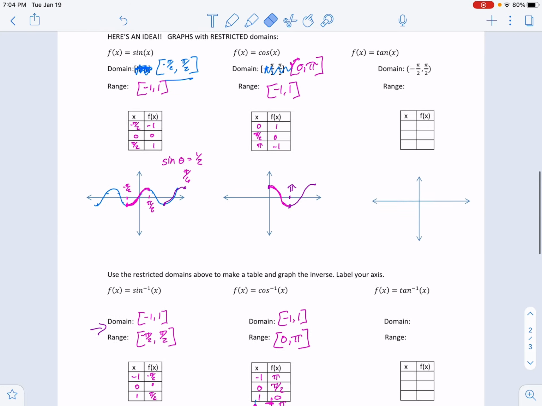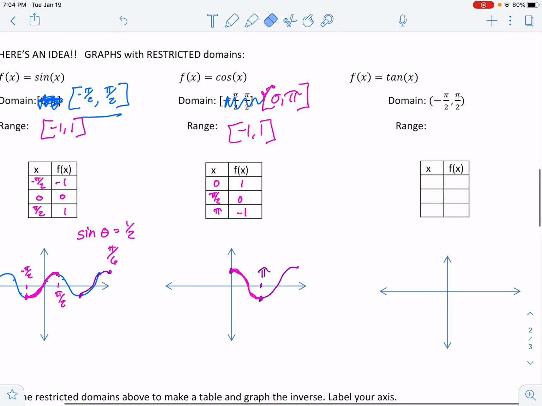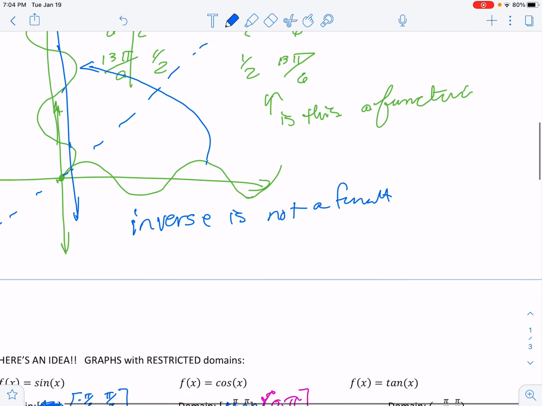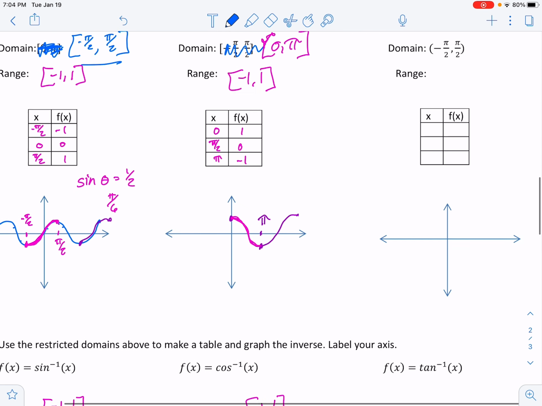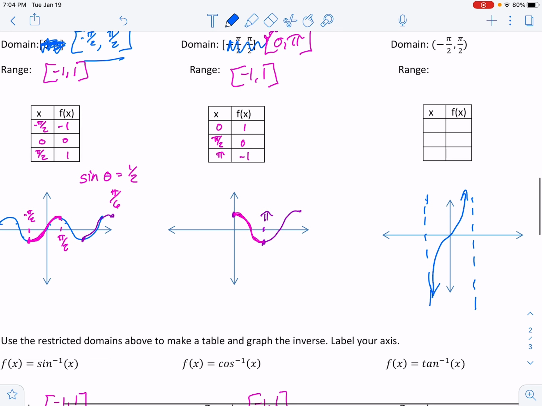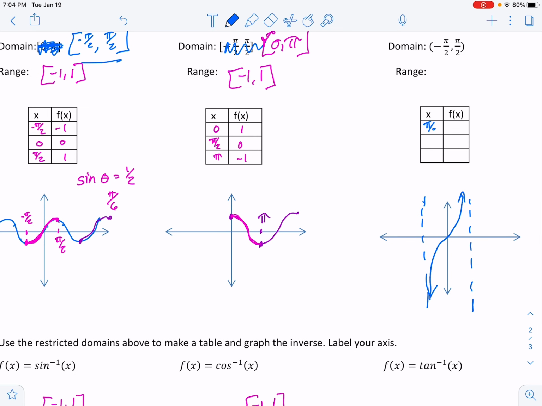Okay? All right. The tangent. Well, the tangent graph is nice because all you need is one period. It goes from negative pi over 2 to pi over 2, and you only get one answer. So it's nice. At negative pi over 2, it's undefined. At 0, it's 0. And at pi over 2, it's undefined.